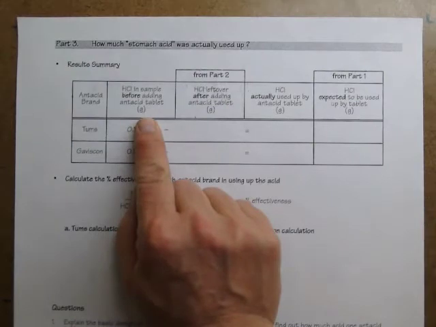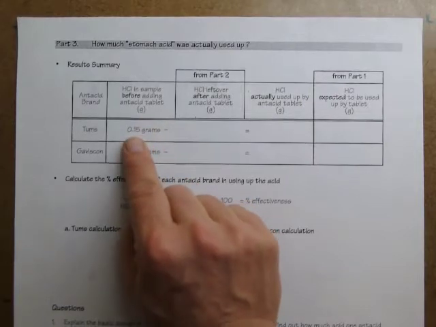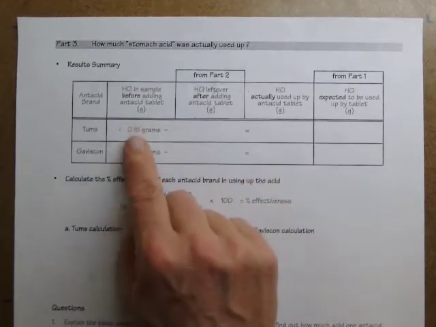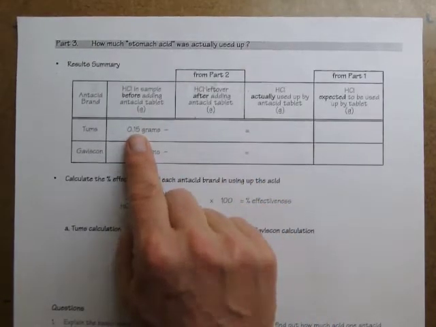Okay, this is how much hydrochloric acid was in the samples before the tablets were put in: 0.15 grams of acid. And what we did was we just calculated how much acid was left after the antacid tablets reacted with however much of this they could use up.